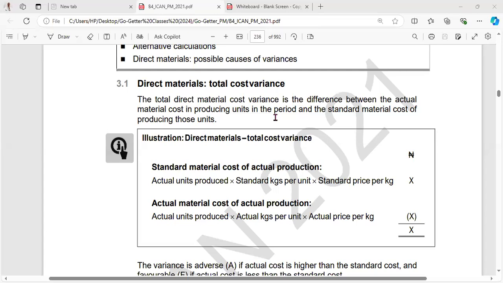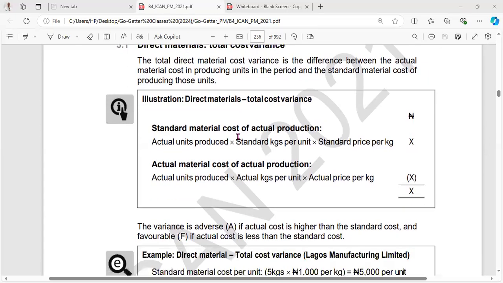So it means here that when you are doing variance, you are comparing the flexible budget with the actual. It is the difference between the actual cost of producing, let's say, 100 units in a period, and the standard material cost of producing those same 100 units. So they must be the same units, the same actual volume of activity.